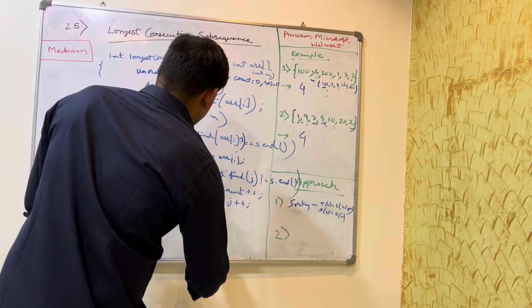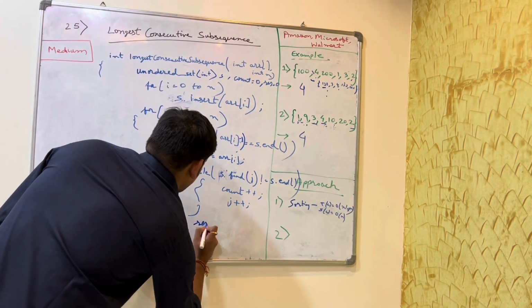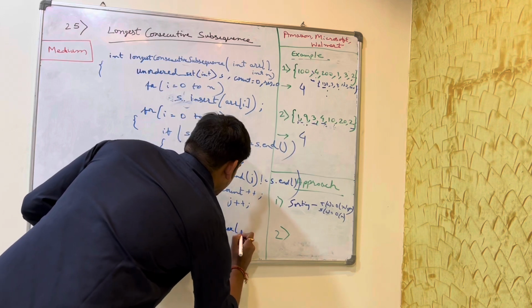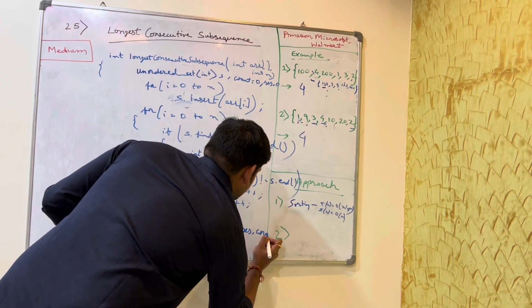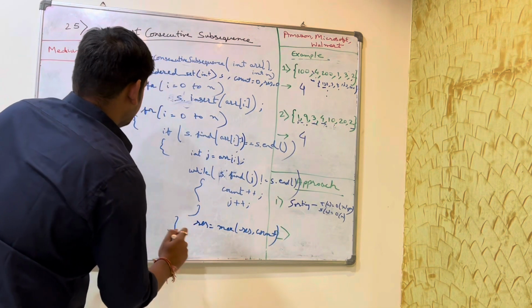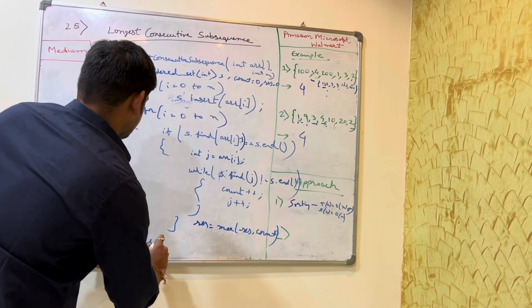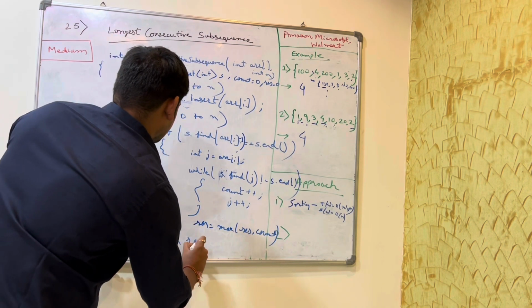When this gets terminated, we have the count value, and the result would be the max of result and count. Then we exit and return result.